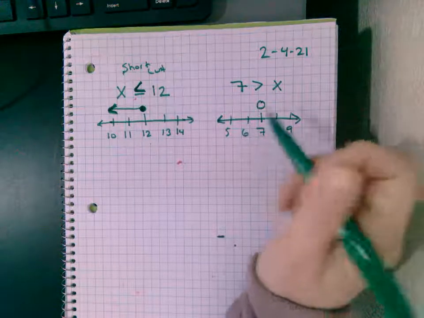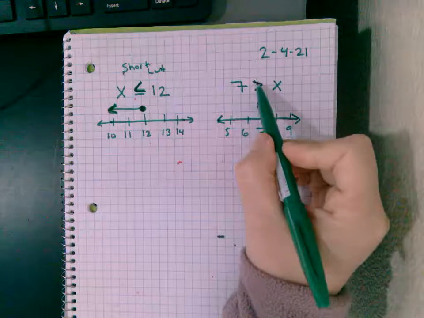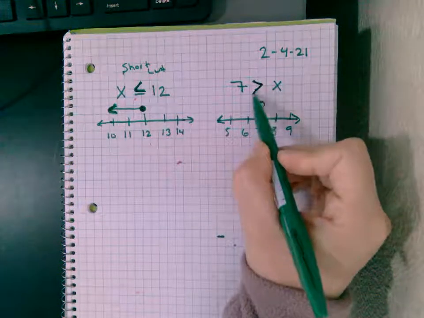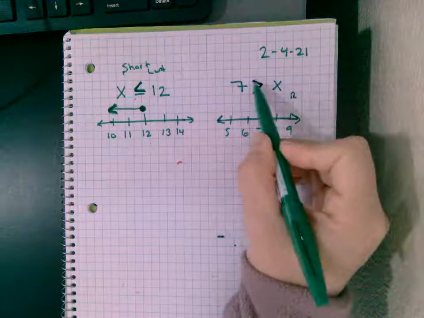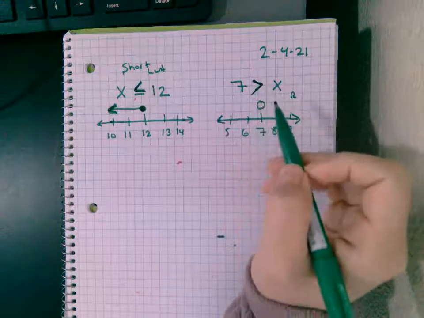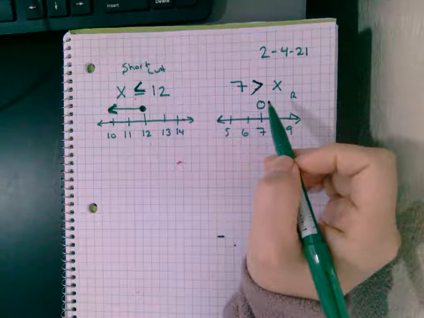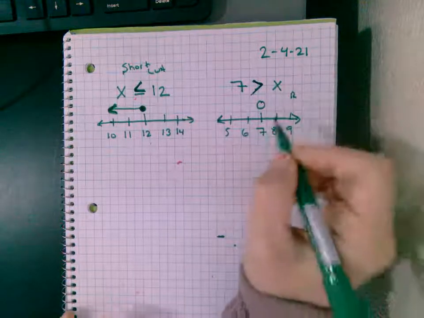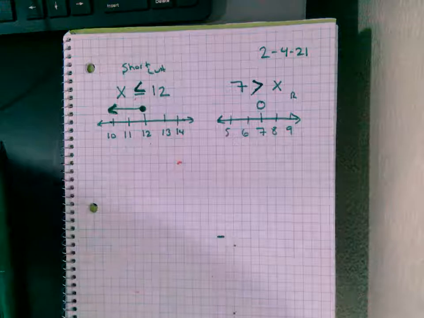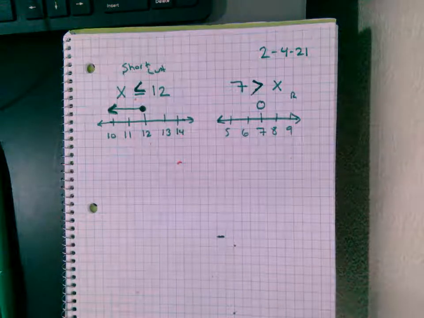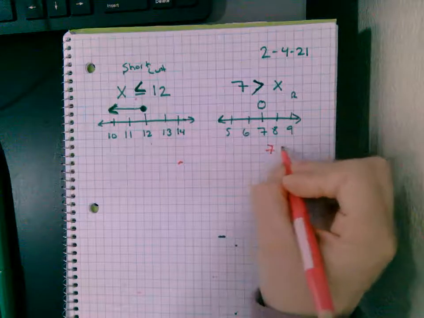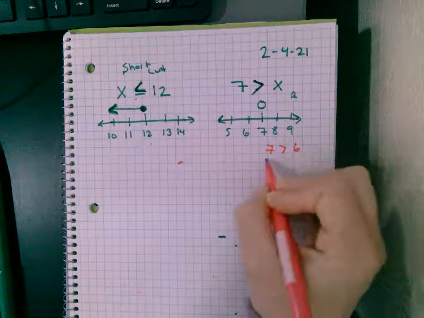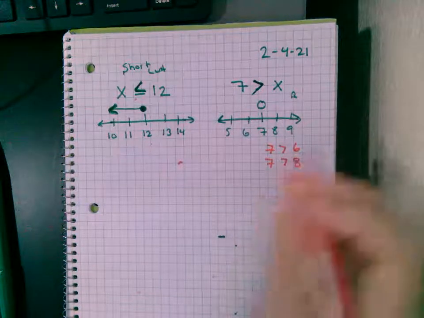Okay. Now, if we treated this like an arrow, you would think we would be shading to the right, right? Because it's pointing to the right. But because x is not on the front, you would actually shade the opposite way. Because if I were to use substitution and I go, okay, 7 is greater than 6, or is 7 greater than 8?